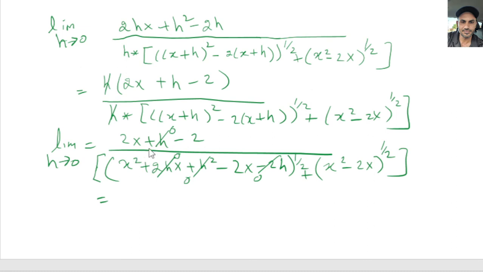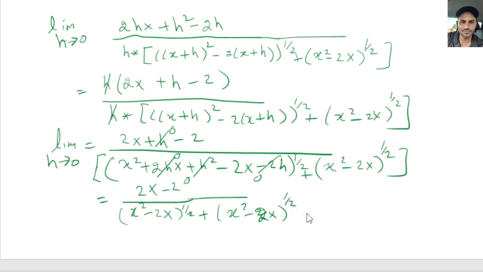So in the numerator, or on the top, we have 2x minus 2, and in the denominator we have x squared minus 2x raised to 1/2, plus another x squared minus 2x raised to 1/2. And then if you solve it further, you have 2x minus 2.